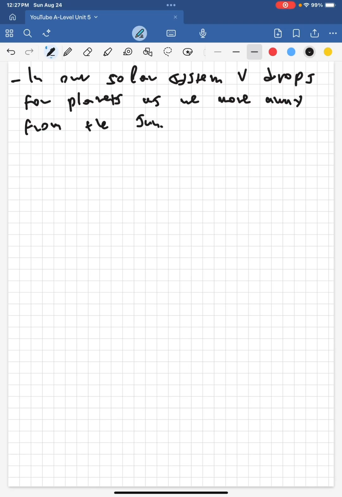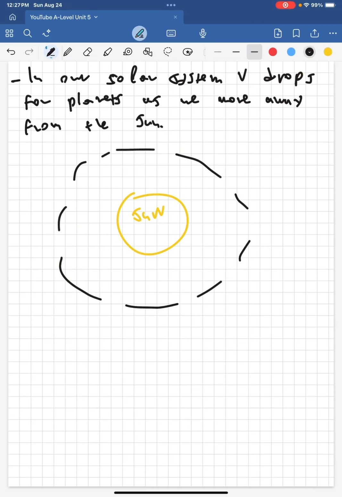In other words, the Earth moves slower than Venus, and Venus is slower than Mercury, and then Neptune is slower than the Earth, and so on. So if this is the sun, and this is a planet that orbits the sun, the V of the planet is tangent to this orbit, right?